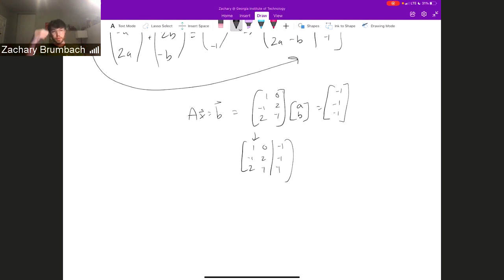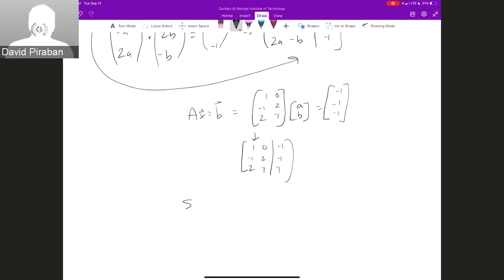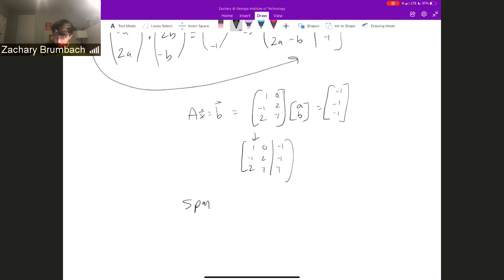But we have our 1, -1, -2 for our vectors. These are three-dimensional vectors, so you know it's in R3. This is our span: span of (1, -1, 2) and (0, 2, -1).